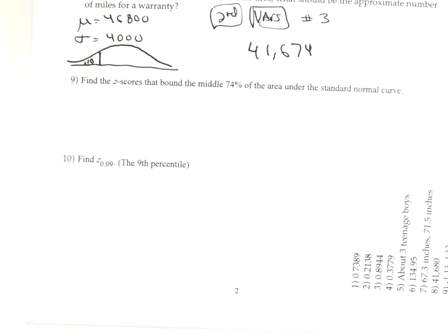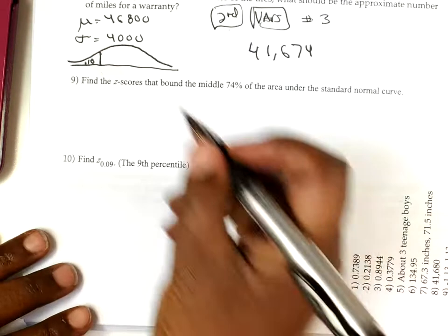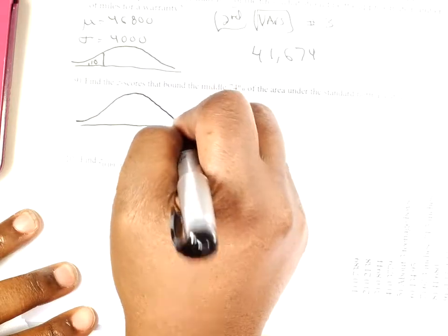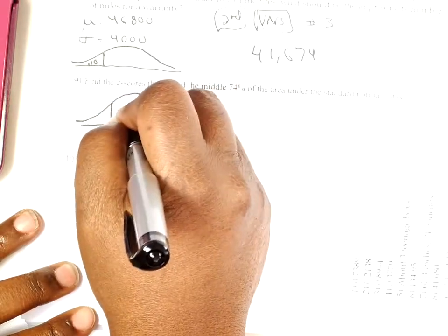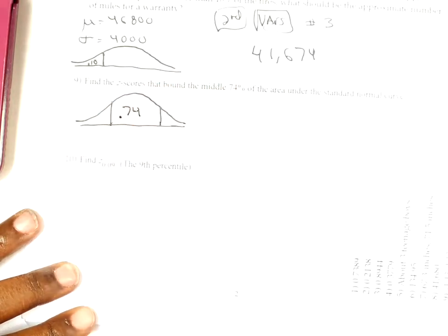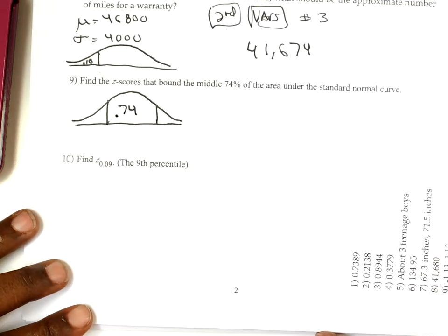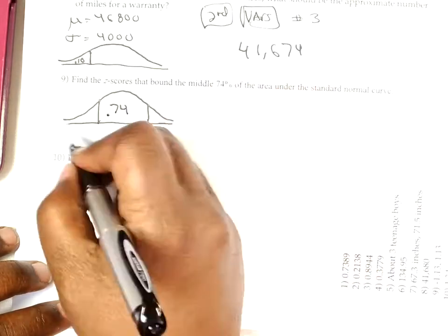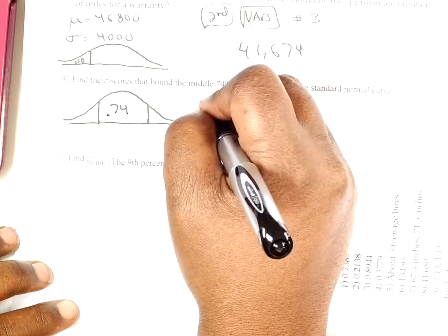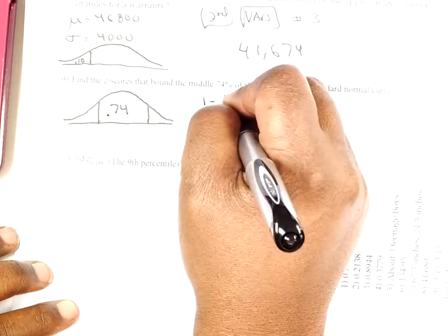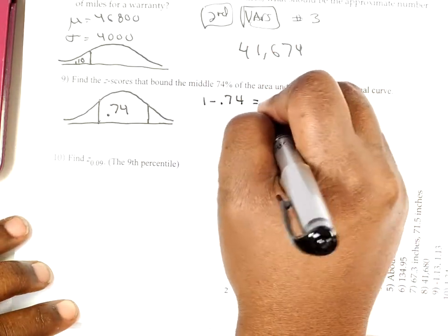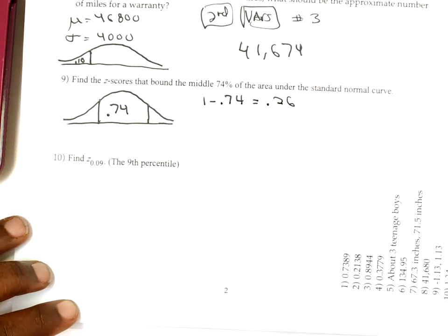All right, number 9, find the Z-scores that bound the middle 74%. So I'm just going to change that percent to a decimal. So I'm writing it as 0.74. So if there's 74% in the middle, then what's left over on the sides? Well, it has to add up to be 100%. So if I do 1 minus 0.74, that gives me 0.26.